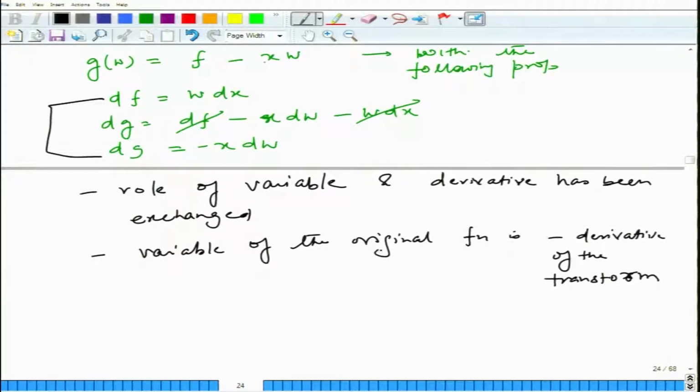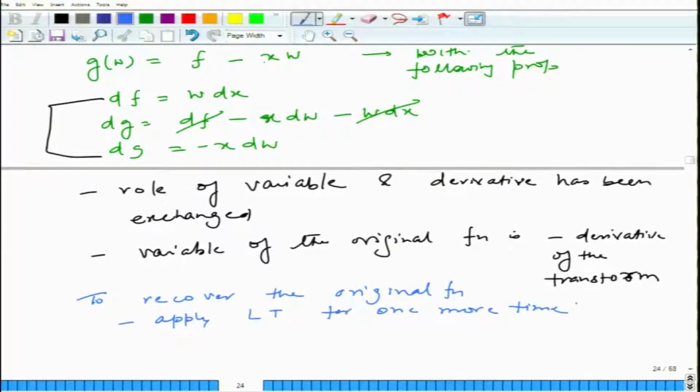The variable of the original function is now the derivative of the transform. Okay. Now, in order to recover the original function, what we do is we simply apply the Legendre transformation one more time. Okay. So, to recover the original function, apply Legendre transformation one more time.